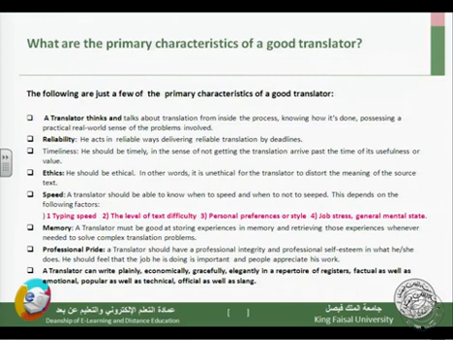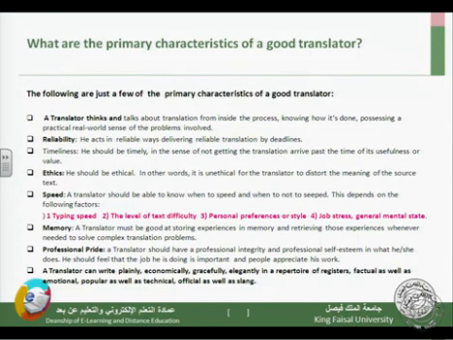He should feel that the job he is doing is important and people appreciate his work. You need to be proud of being a translator. In a nutshell, you have to be proud of what you do and feel that people appreciate your work so that you enjoy it and you become professional in your job.